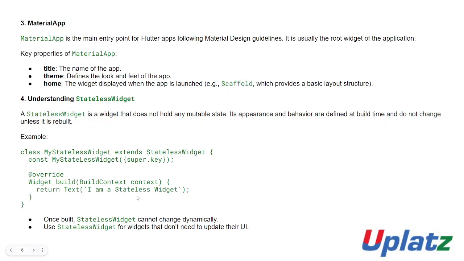It will always show I am a stateless widget, unless it is rebuilt. Once built, a stateless widget cannot change dynamically. Use stateless widget for widgets that don't need to update their UI by themselves.